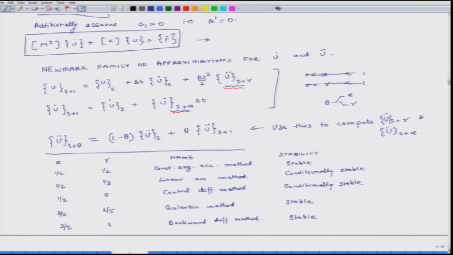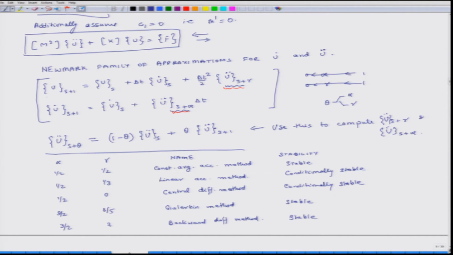So, this gives us the overview, and what it says is that if I have to solve this equation m times u double dot plus k times u equals f, I can express u double dot, which is the second order derivative in time, using these two relations.